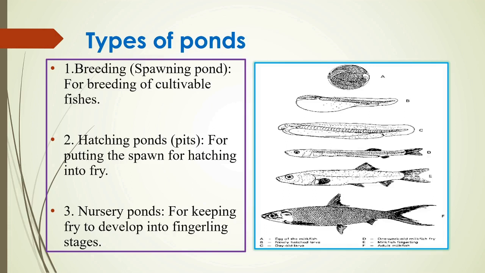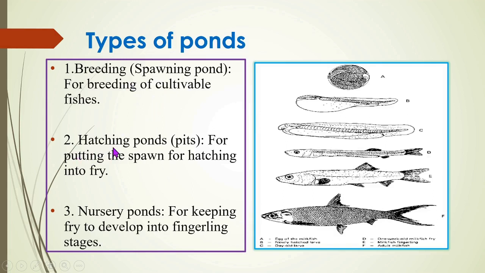It has no mouth, so it cannot feed. It draws nourishment from the yolk sac. After 2 to 3 days, the yolk sac disappears. The hatchling now develops a mouth. This hatchling stage is now called spawn. So this entire process takes place in the breeding pond, that is the first type of pond.